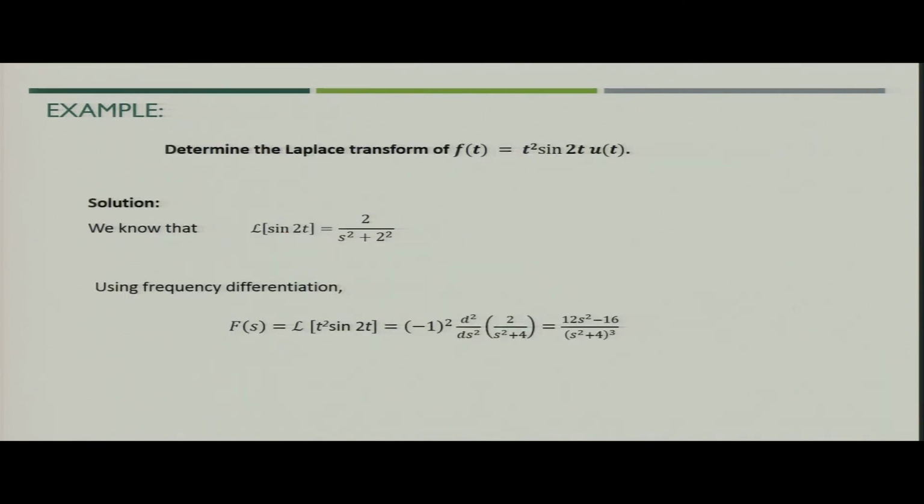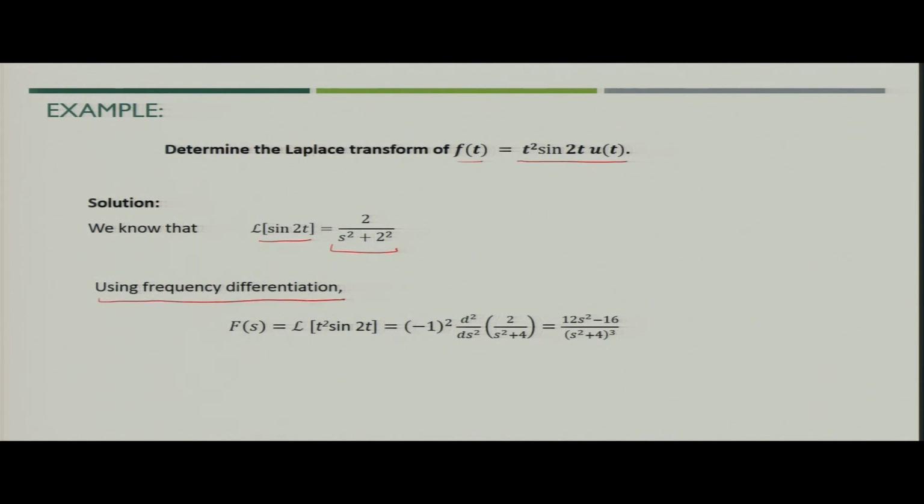Now, let us take another example. If function f(t) is t square sin 2t multiplied by unit function u(t). What we know is that the Laplace of sin 2t is nothing but 2 upon s square plus 2 square, that is omega upon s square plus omega square. This is what we know about the Laplace of the sine function. Now, what you have to do?